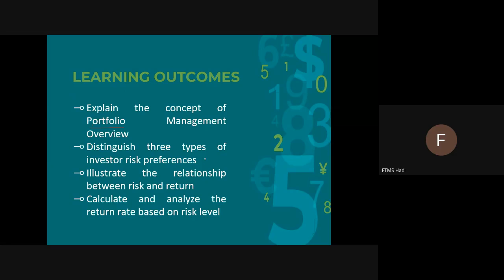We are talking about three types of people as investors, and we will analyze their behavior regarding purchasing stock. Third, illustrate the relationship between risk and return, because risk and return are interrelated. The last one, calculate and analyze the return rate based on risk level. Only this part will involve calculation.